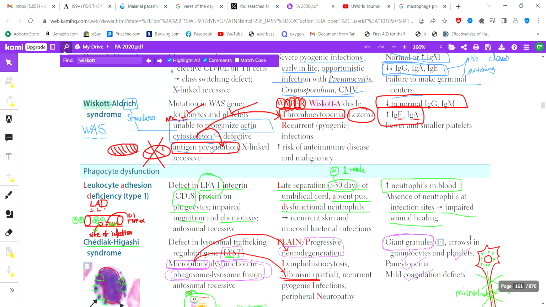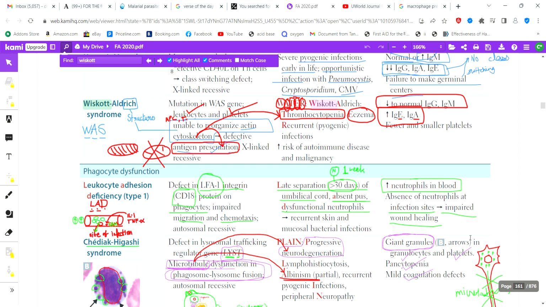So that's why there are deformed platelets. And this causes defective antigen presentation.